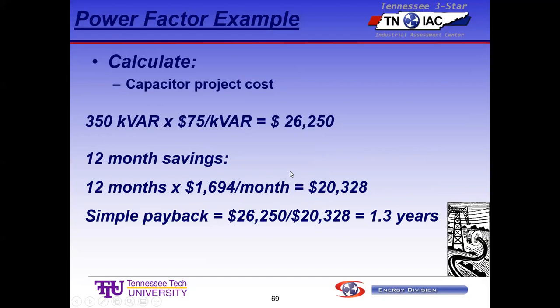I guess that's installed. And just to simplify, if every month was just like this one, then your savings are $20,328 and your payback is 1.3 years, which, hey, is better than bank interest for sure. Pretty good project.